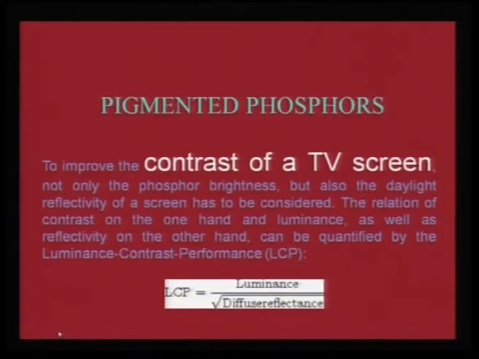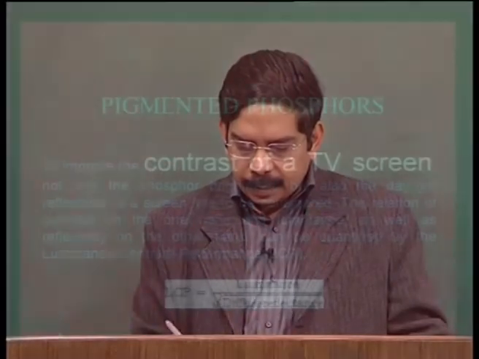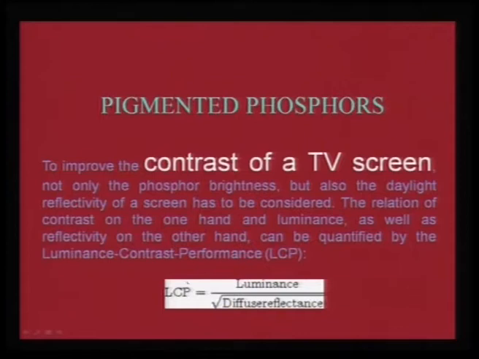Now, when I talk about the contrast of a TV screen, we should understand the contrast is nothing but the luminescence contrast performance. This is defined as a ratio of your luminescence versus diffuse reflectance. Diffuse reflectance is actually coming from the stray radiation.